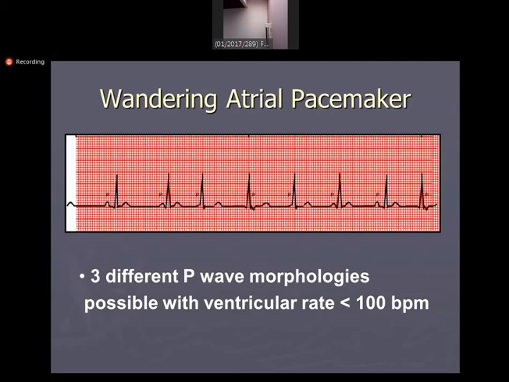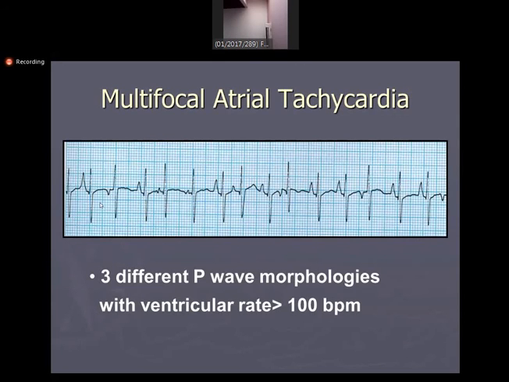Now, it's again a 6-second strip, and the heart is contracting how many times? 1, 2, 3, 4, 5, 6, 7, 9, 10, 11, 12, 13, 14, 15, 17. So, what is the heart rate in this ECG strip? 130, tachycardia.